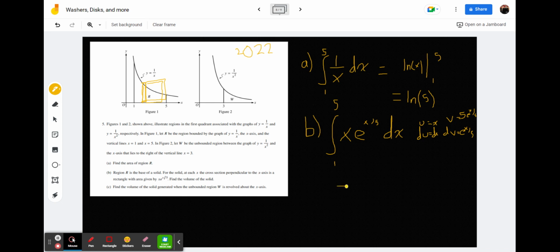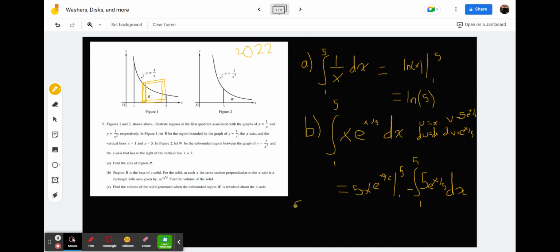So that means this is 5x e to the x over 5, bounded from 1 to 5, minus the integral from 1 to 5 of v du, so 5 e to the x over 5 dx. I assume you know how to do the rest.